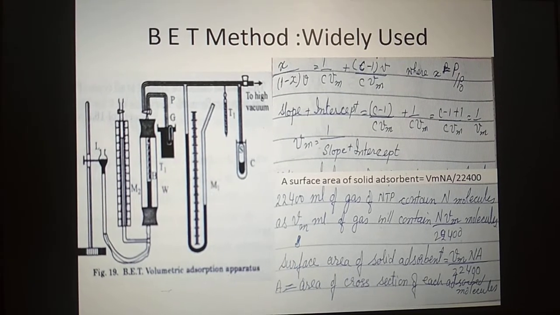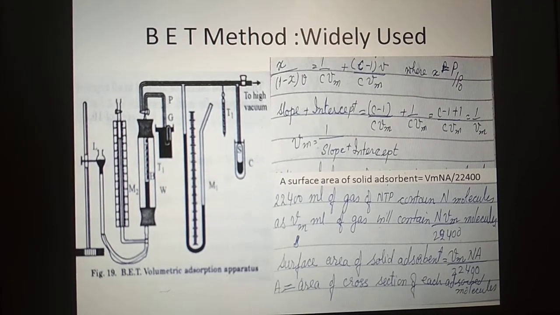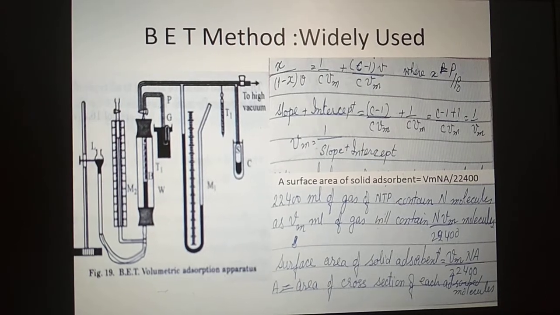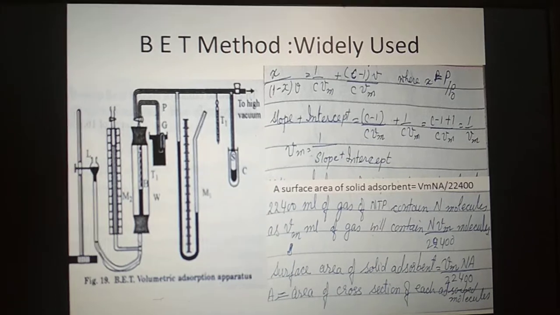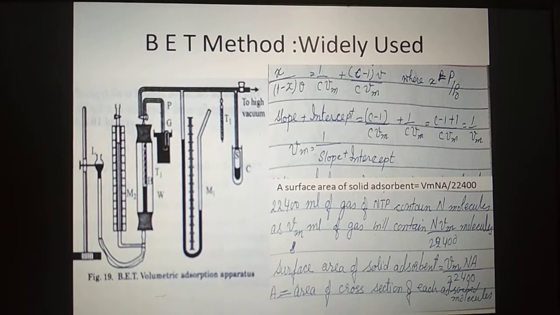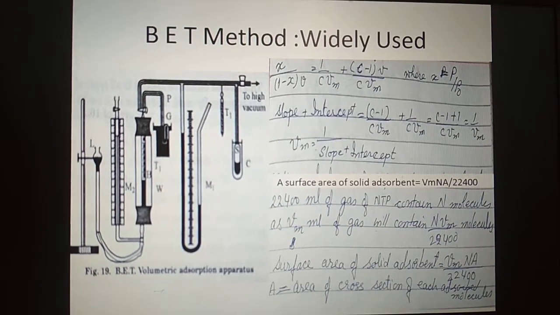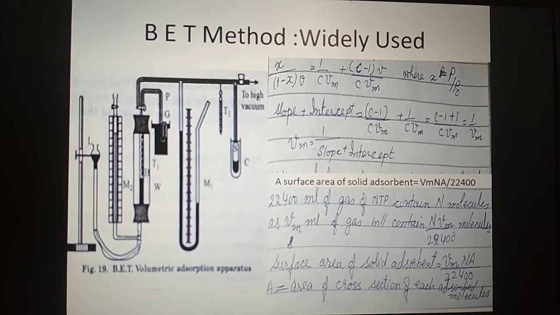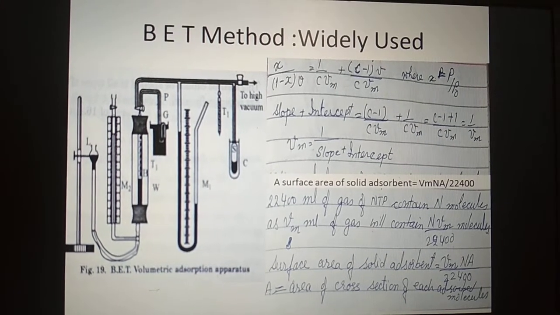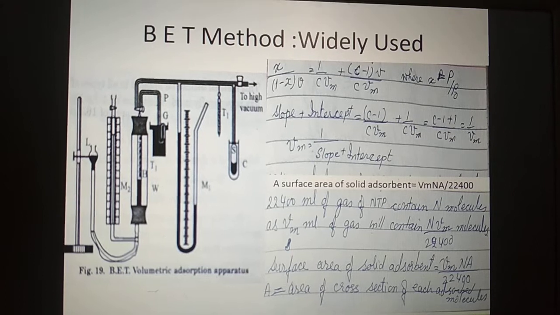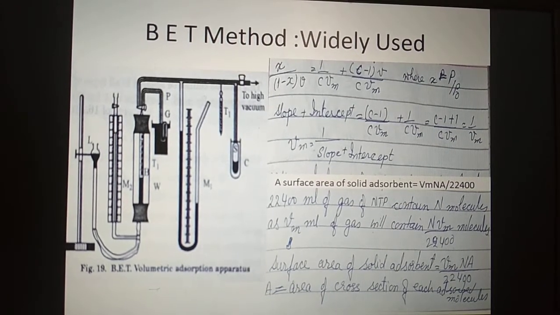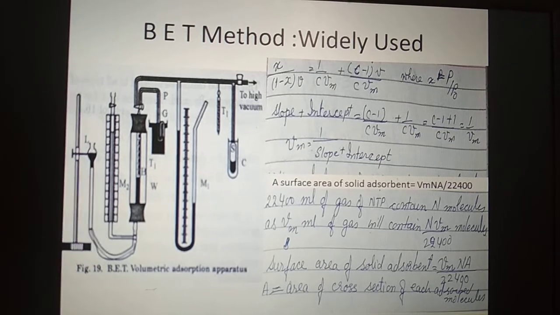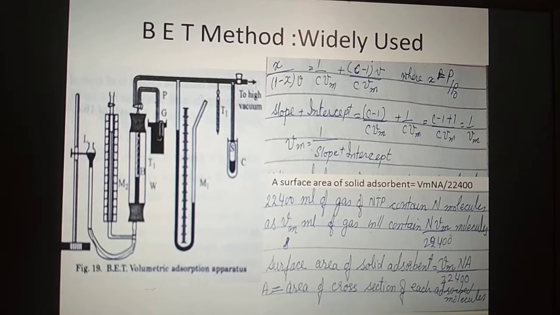The gas is brought in contact with the adsorbent kept in liquid nitrogen bath T. At equilibrium, the gas left is calculated, which is the difference of amount of gas initially and finally, depending on dead space or free space surrounding the adsorbent sample.